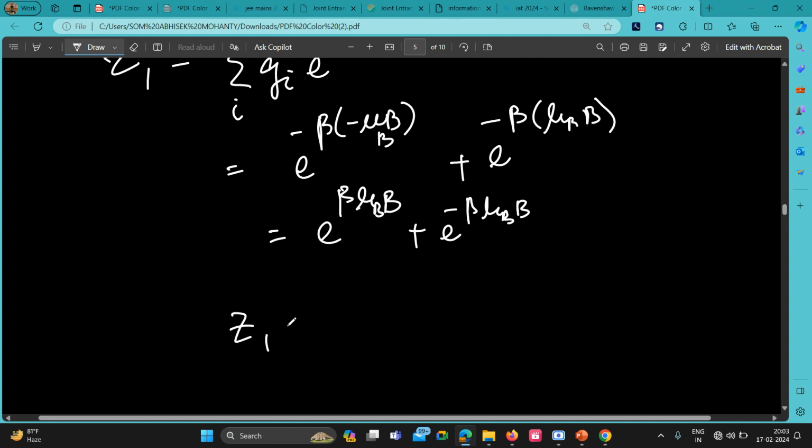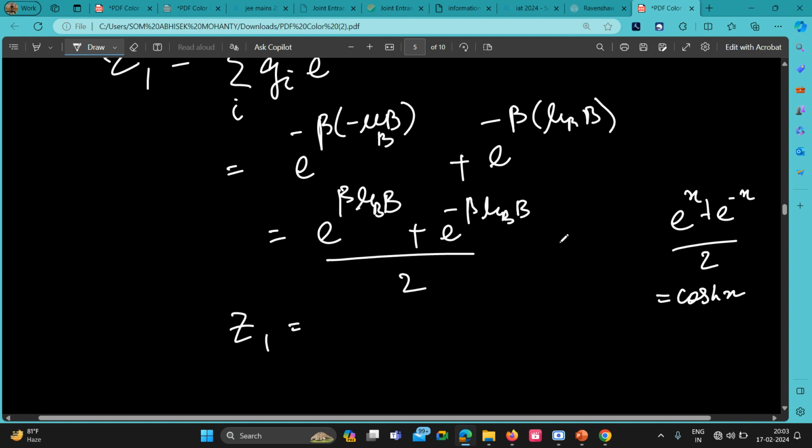So Z1 will be, if you see, e to the power x plus e to the power minus x, divided by 2, is cos hyperbolic x. If I divide by 2 and multiply by 2, this is 2 cos hyperbolic beta mu B. Is it all right?